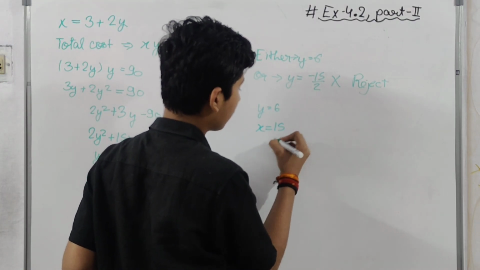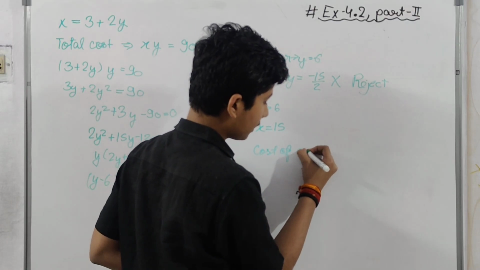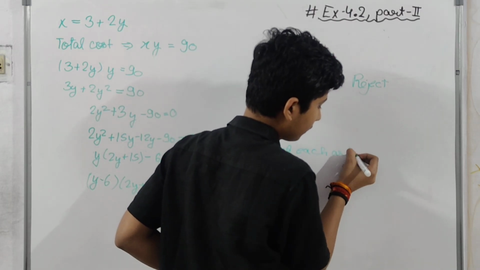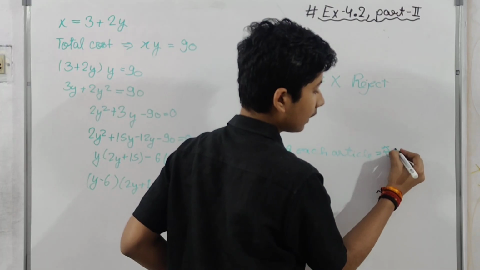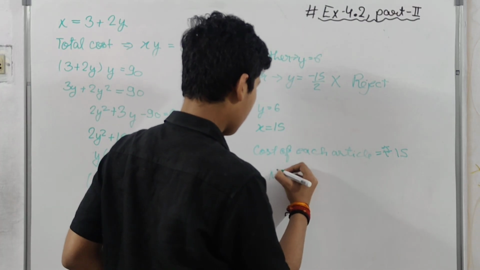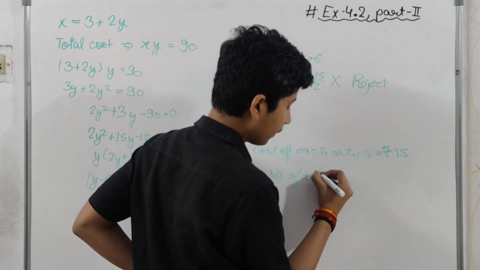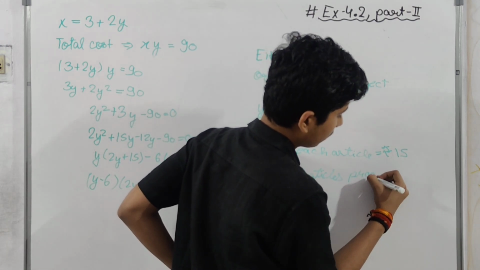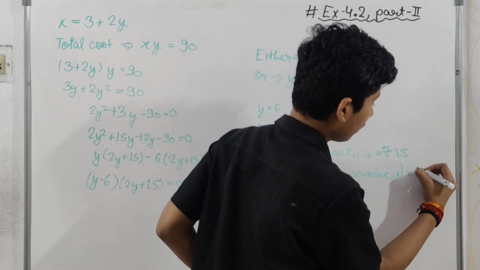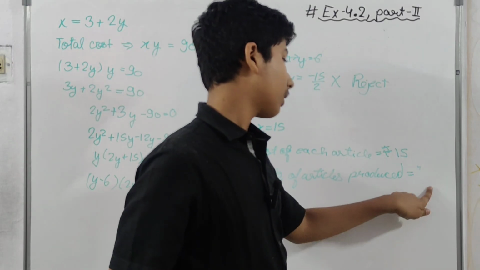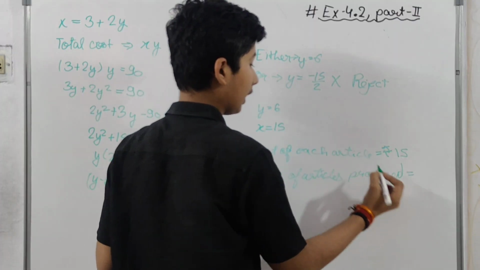x = 15. So the cost of each article was 15 rupees, and the number of articles which were produced was 6.